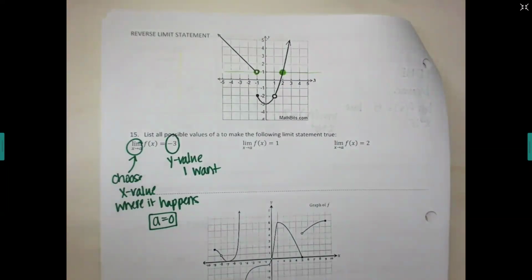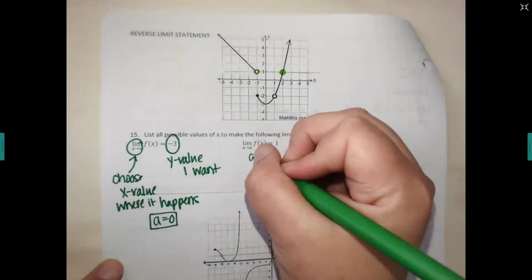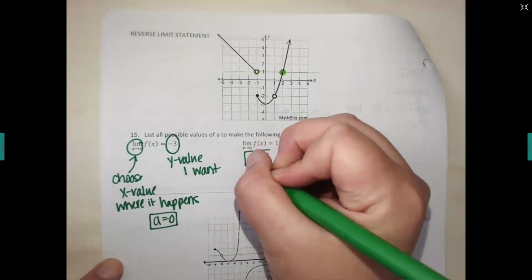First or second? First. Because for the first, my left side is giving me 1, but what's my right side giving me? -2, which means that this limit would not equal 1, it would equal DNE. Yeah? So basically, you can't list a break in the graph, both sides have to match. So for this one, I'm only going to list my A would have to be a 2.